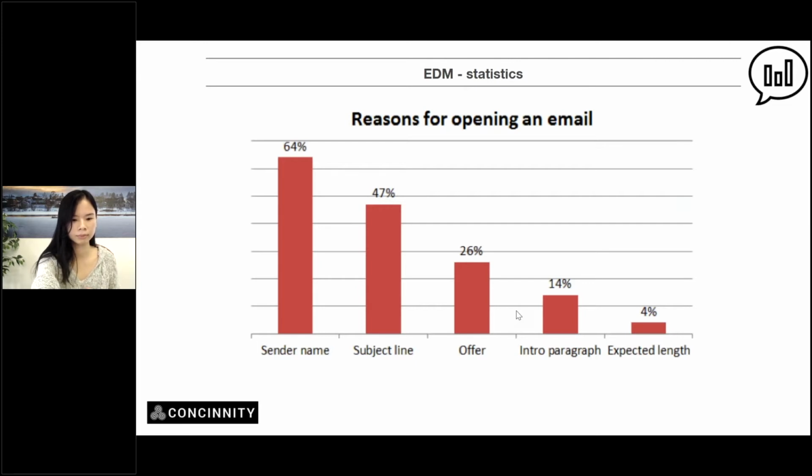Now, you can always give out an offer and stuff like that, which is true to an extent, but it's how you frame it, which hence comes at number 3. So as you can see, the most important things to realize over here are the sender name and the subject line, which means that if you plan to buy an email database, which you should not, by the way, that's what I'm trying to convey over here.